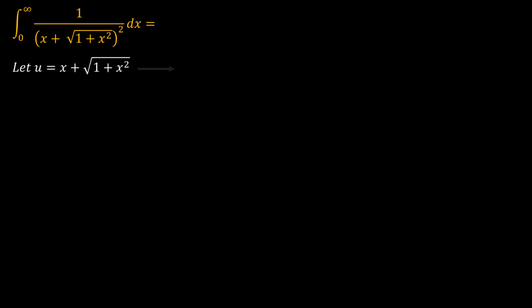What does Euler substitution entail? It entails us saying, let u be equal to x plus the square root of 1 plus x squared, so that when you take this x onto the left hand side, u minus x becomes the square root of 1 plus x squared.